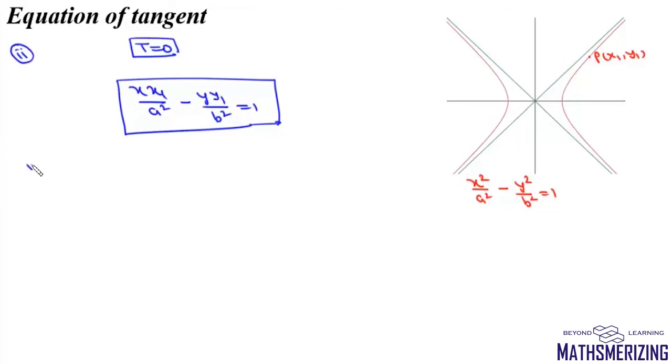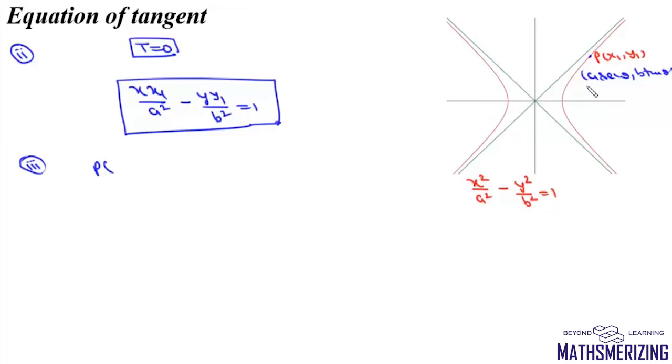And then we have our third equation, which is in terms of parameter theta. Now we know that any point on hyperbola, we can express it as a secant theta and b tan theta.